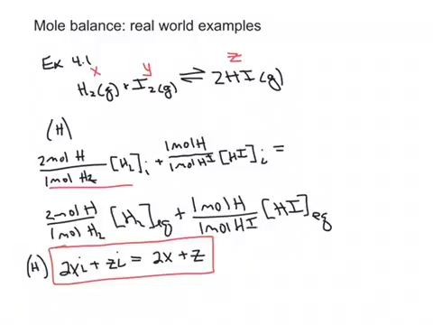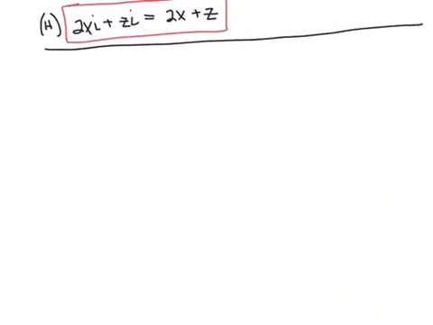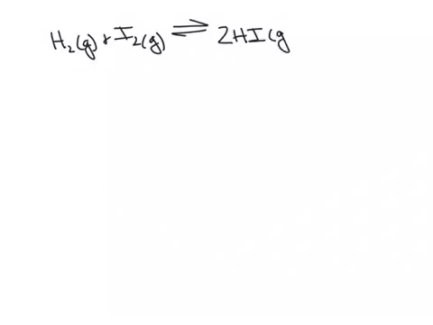And now let's go ahead and do this for I. I'm going to rewrite our equation. I could be present in both I2 and 2HI.